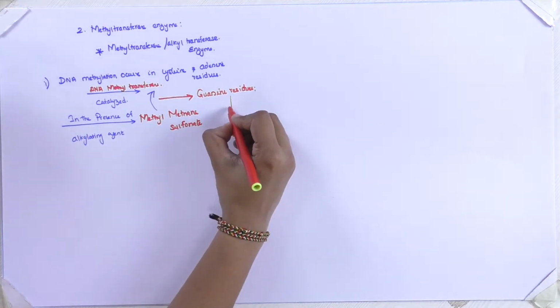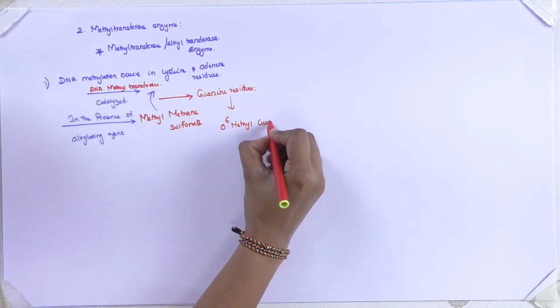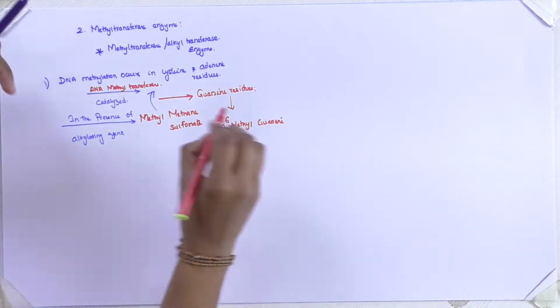This leads to the formation of O6 methyl guanine. So the methyltransferase enzyme is one of the methods used in direct reversal. Normally DNA methylation takes place in our body in cytosine and adenine residues.